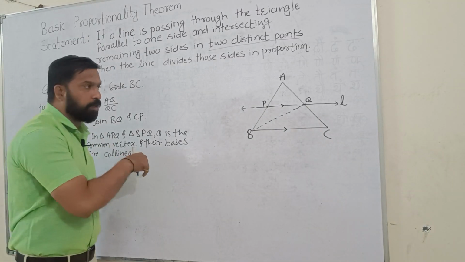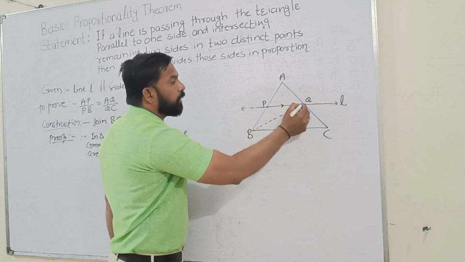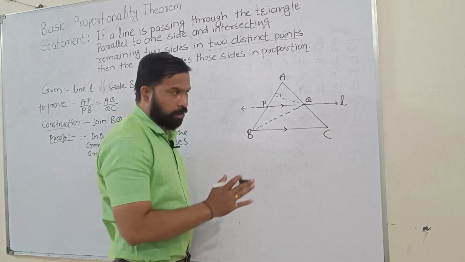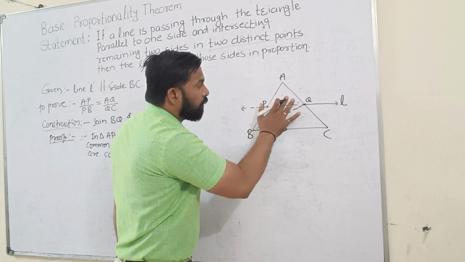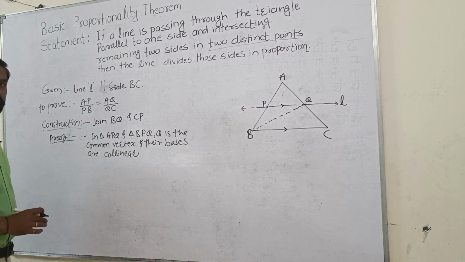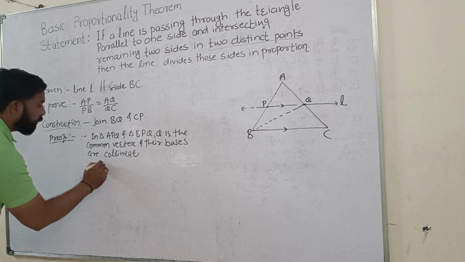If you write this statement, you don't have to make the kind of construction of perpendicular. No, you don't have to do this. That's why I am explaining all those things to you. So here, collinear.